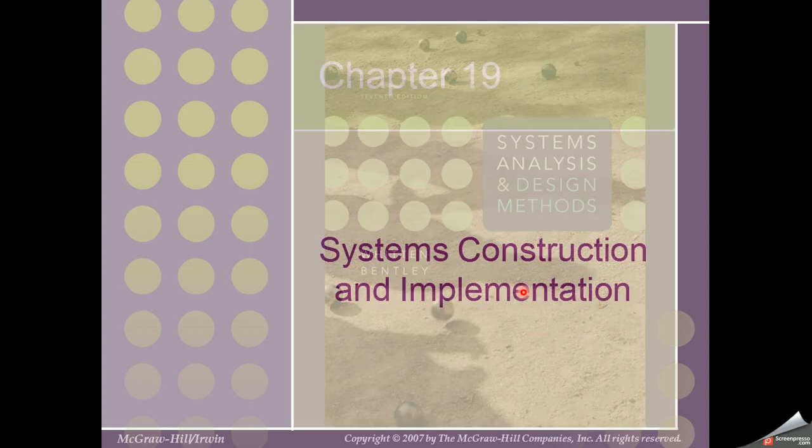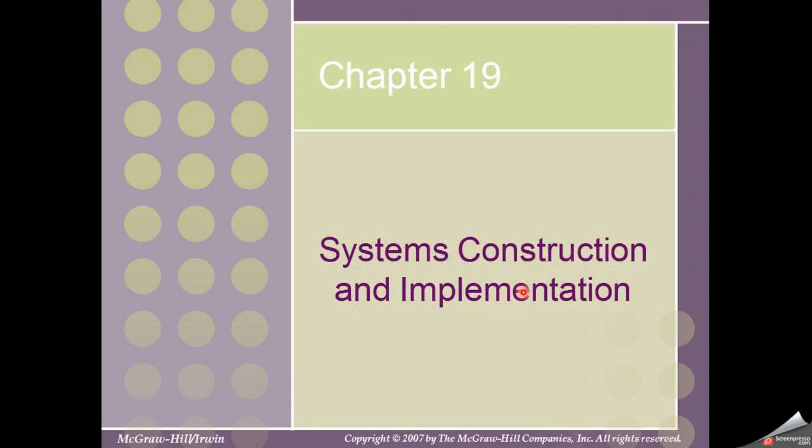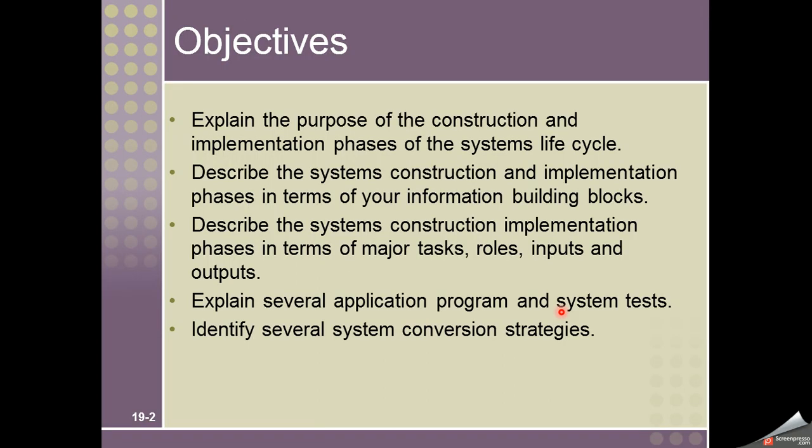Today we'll start a new chapter which is about system construction and implementation. The objectives of this chapter are to first of all explain the purpose of construction and implementation phases in the system development life cycle.